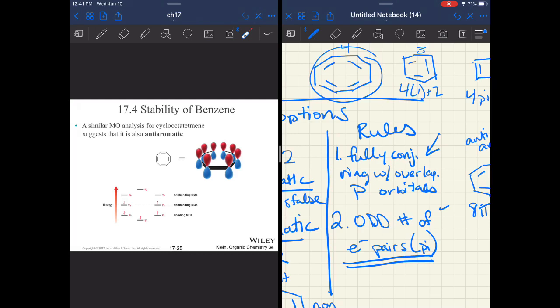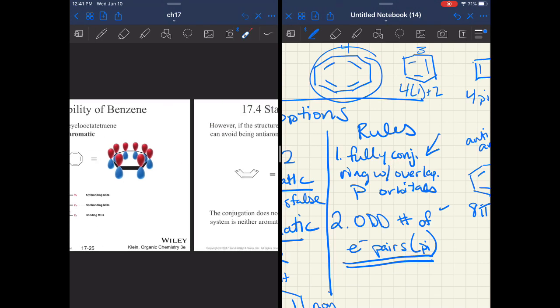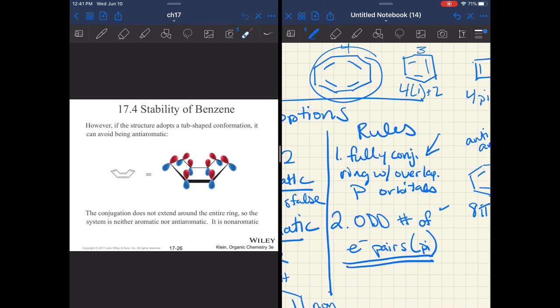But because being anti-aromatic is so unfavorable, it's so high energy, because cyclooctatetraene is a bit bigger, it can fold. Now, once it folds, you do not have a fully conjugated ring anymore.